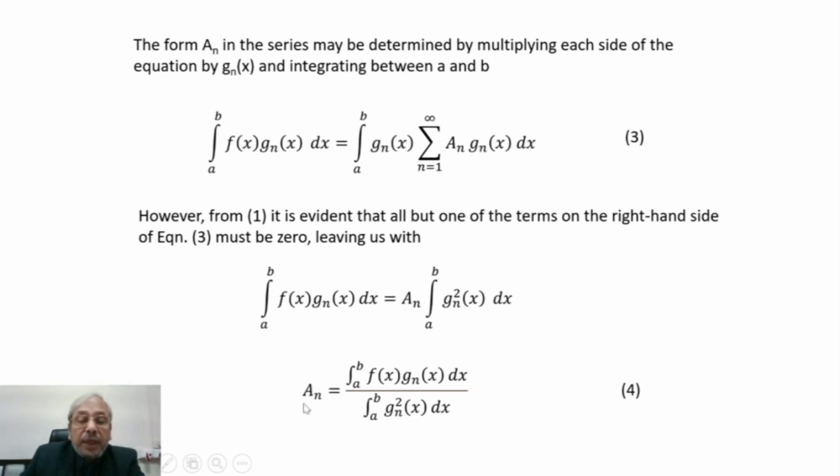So from here we can write an equal to the integral from a to b of f(x) gn(x) dx divided by the integral from a to b of gn square(x) dx.